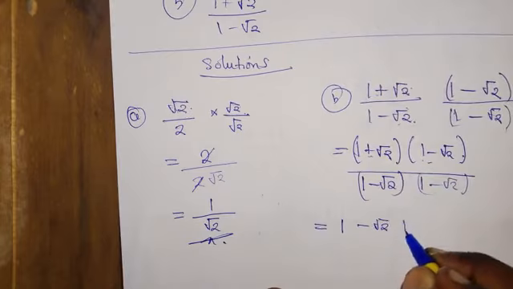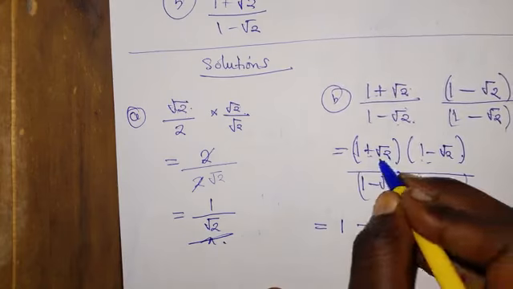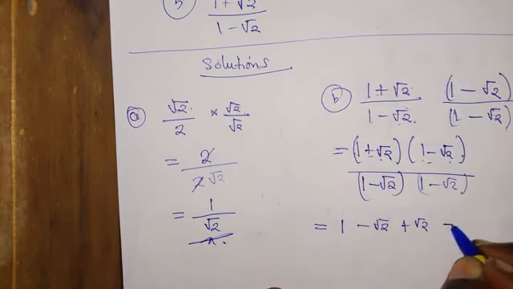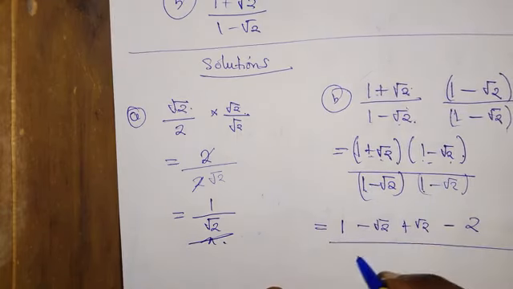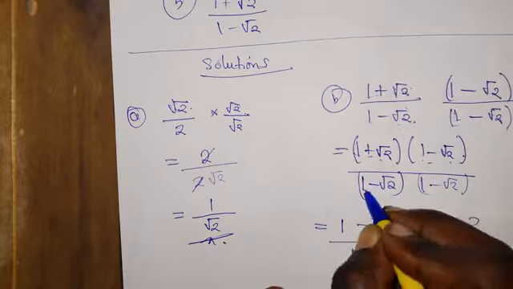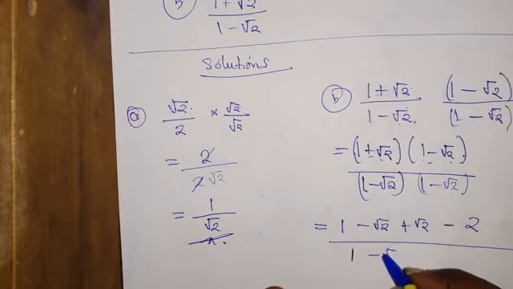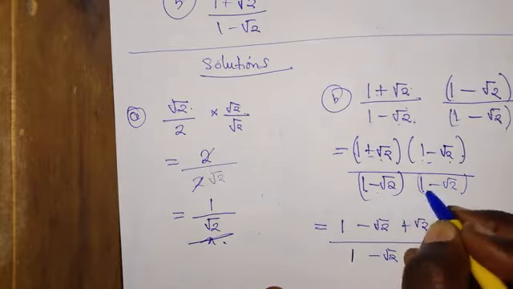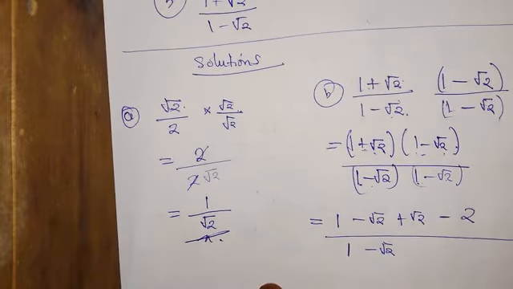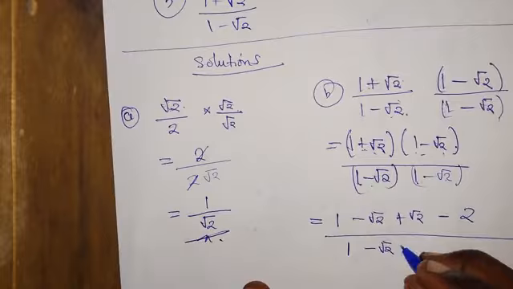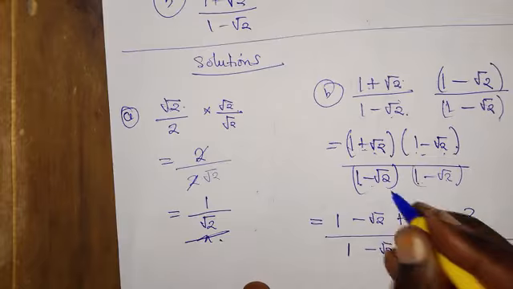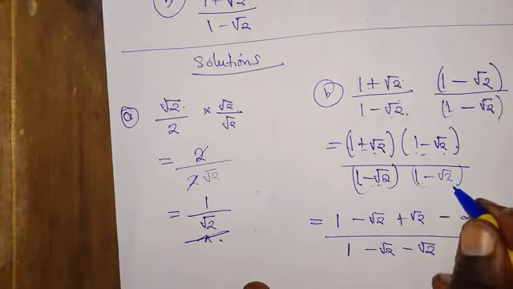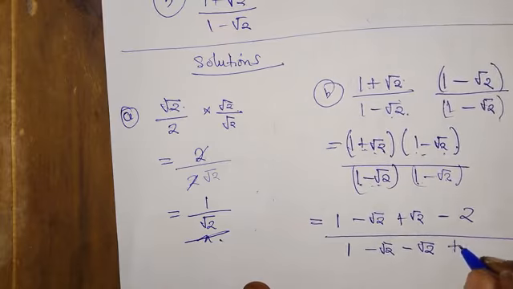This times that, positive root 2. And this times this, negative 2. Over 1 times 1, that's a 1. 1 times this, negative root 2. This times that, negative root 2. Am I correct? Yes. This times that, positive 2.